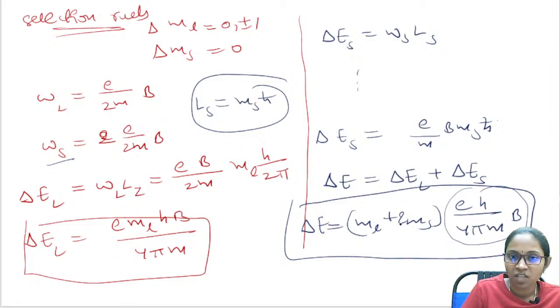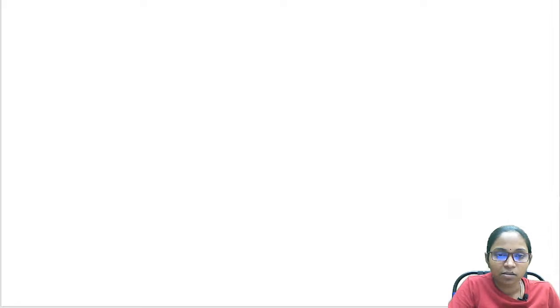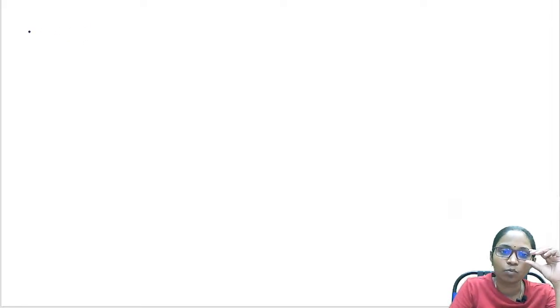This will be (ML plus 2MS) into L prime. In this equation you have to substitute different ML values and MS values to find the total energy. Don't worry, we will solve problems on these topics in our next classes. From our next class I am going to give you problems with solutions from these topics.